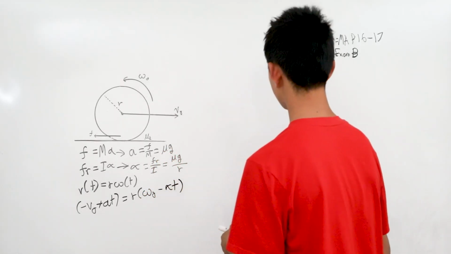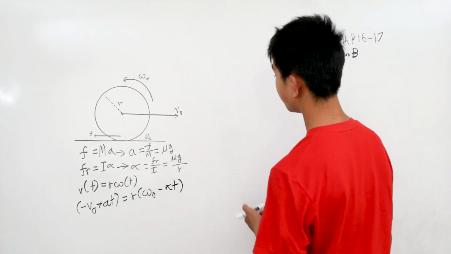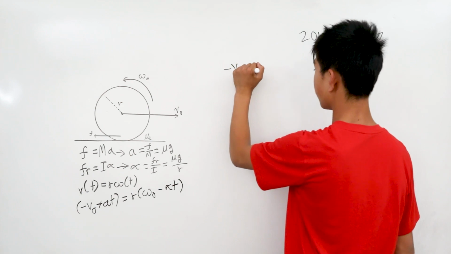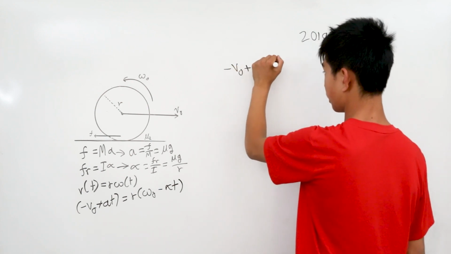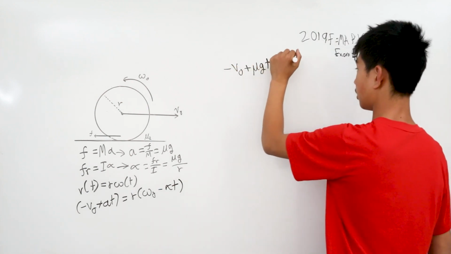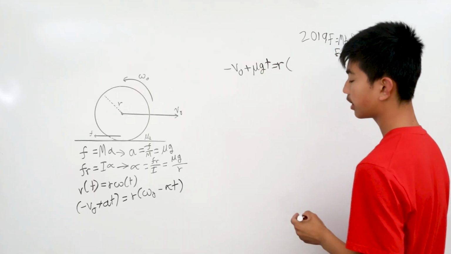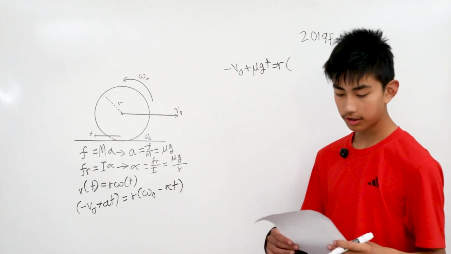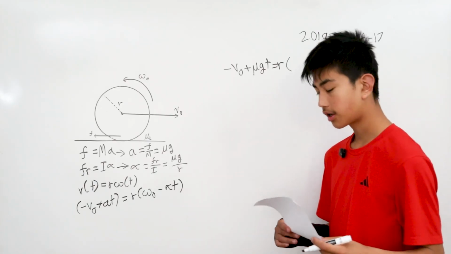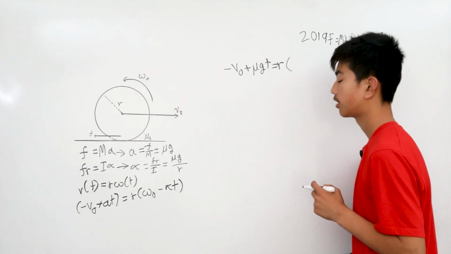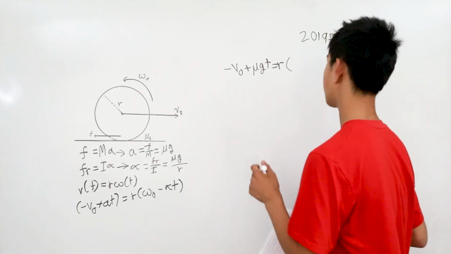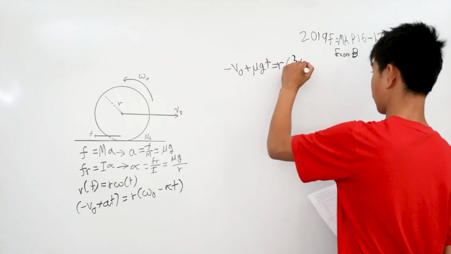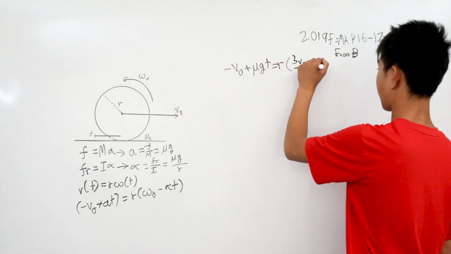Now this goes out, and we know acceleration is going to be mu of g, so negative v0 plus mu gt is equal to r times omega 0. In the problem it literally says angular velocity 3v0 over r. Since omega 0 is angular velocity, this is going to be 3v0 over r minus alpha t.